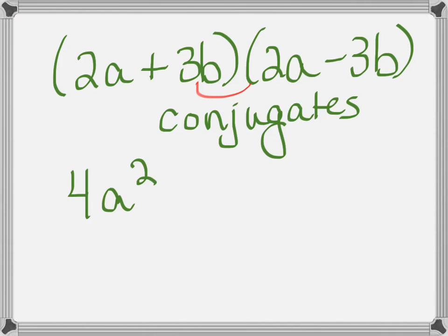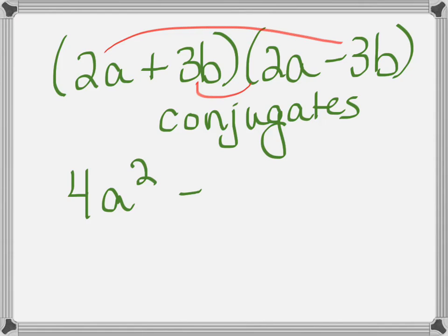Then we multiply the outside term, 2a times negative 3b, and we notice we have a 3b times 2a. Those terms will cancel out. So instead of having to write them down and then scratch them out, we would know when we multiply conjugates that our middle terms will cancel each other out.